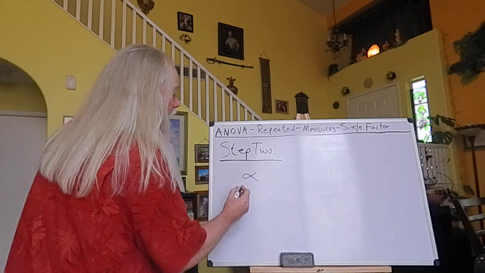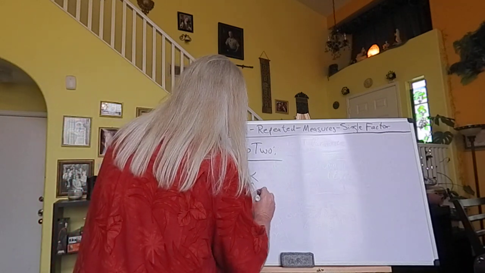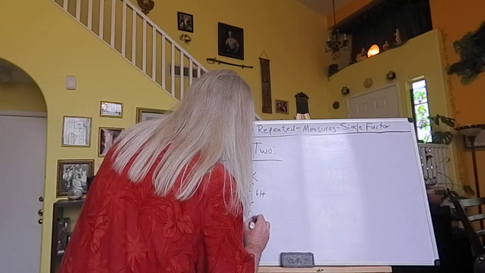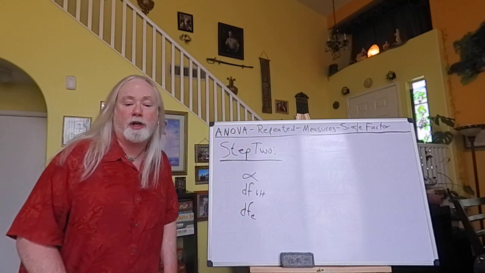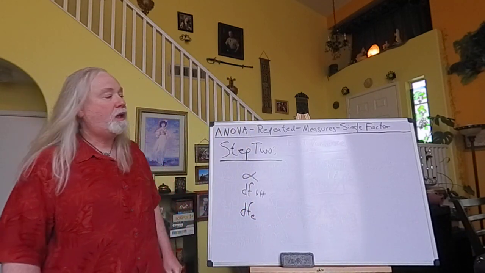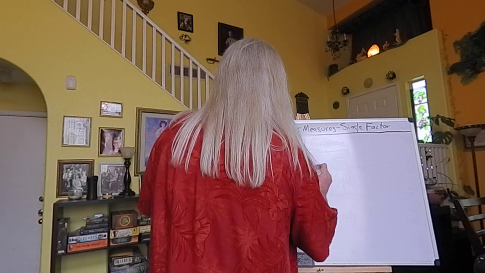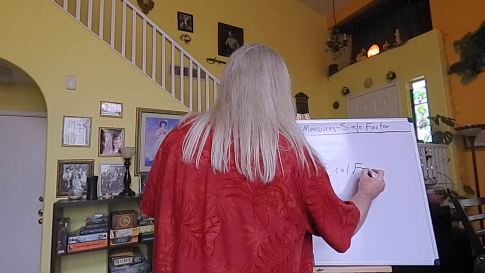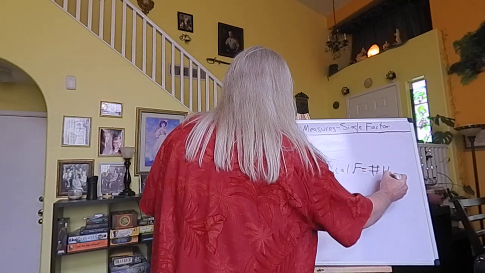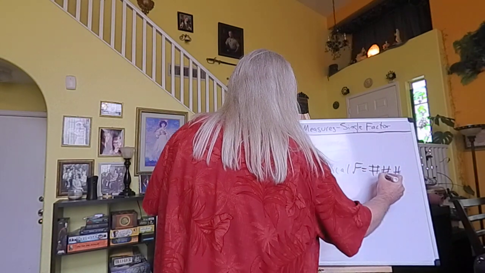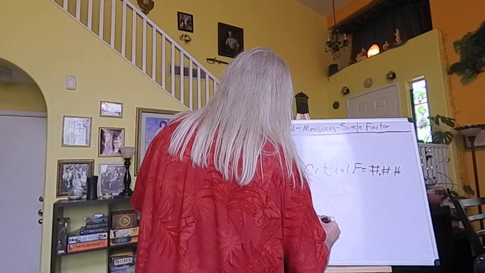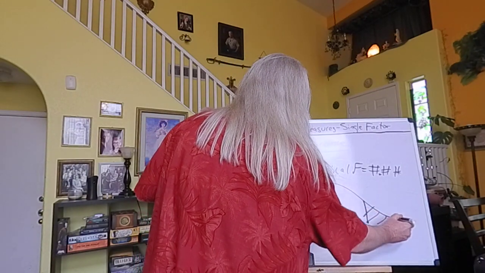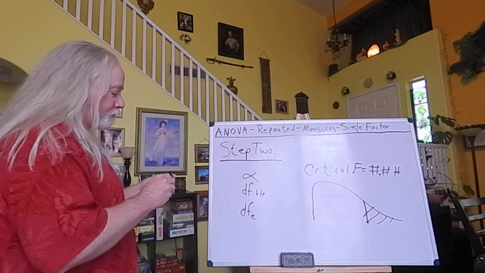So we need our degrees of freedom between treatments, and we need our degrees of freedom for the error term. When we get those things, we look up our critical F, and we graph where our critical region is located.